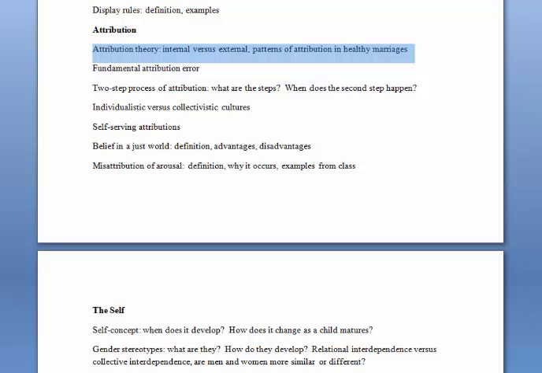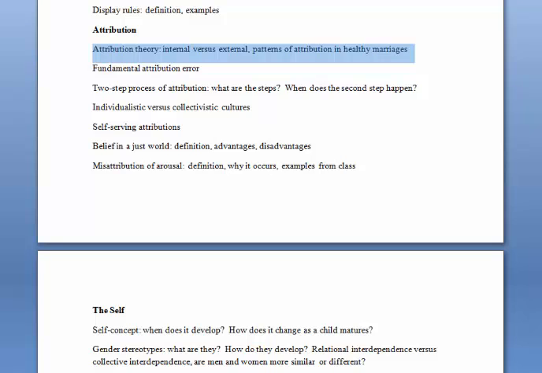We talked about the way that attributions play a role in our marital happiness, that healthy or happy marriages tend to make internal attributions for the good things, like, wow, you're such a great person, versus external attributions for negative things, like, wow, I see that you're stressed out, I see that you're tired. We said that perhaps that pattern of attribution leads to happy marriages, or maybe it is that happy marriages are more likely to use them.